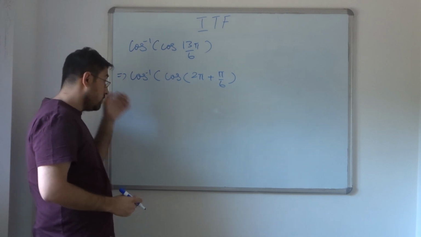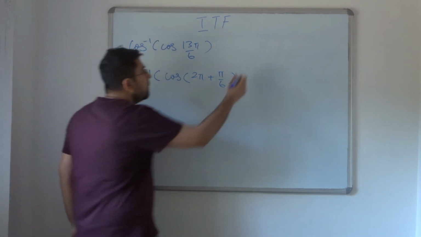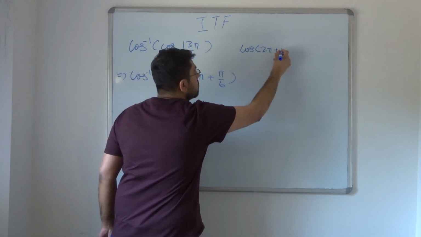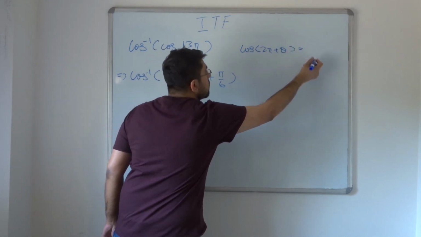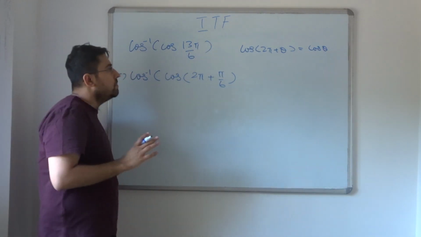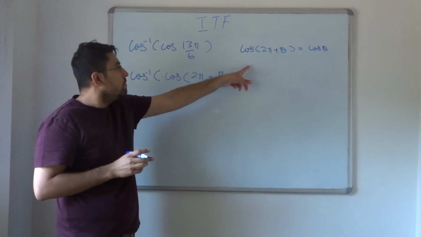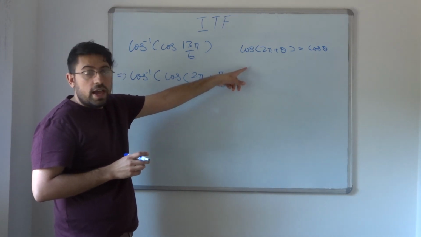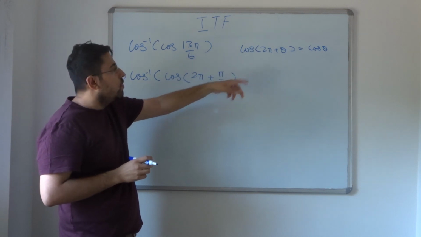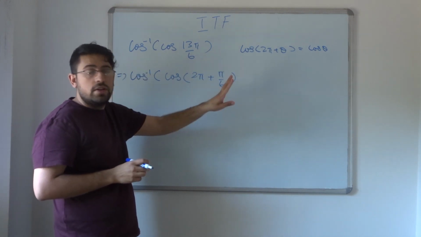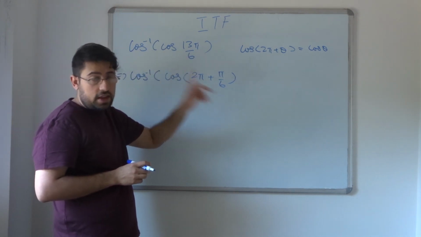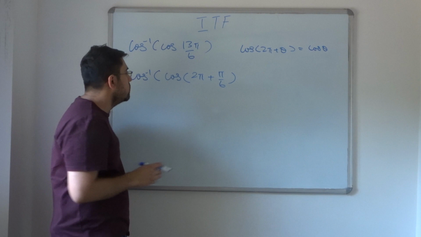So that is why this is what it becomes. And remember that this is equal to cos theta. Now remember, this is an allied trigonometric function, and in the fourth quadrant, cos and sec are positive.